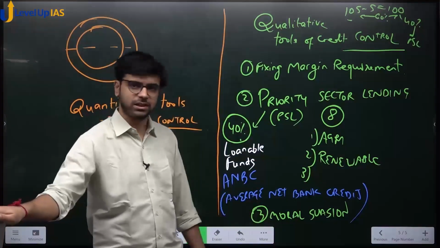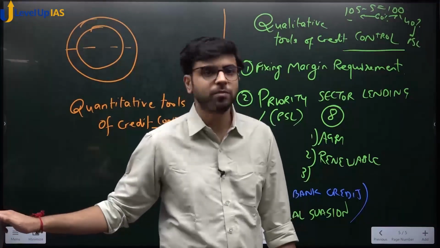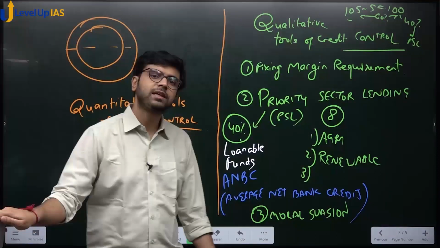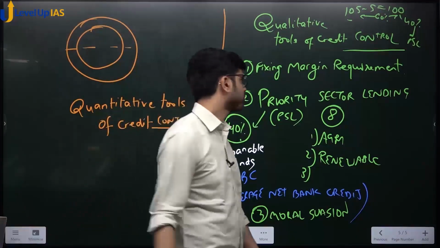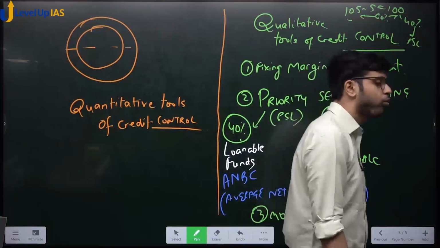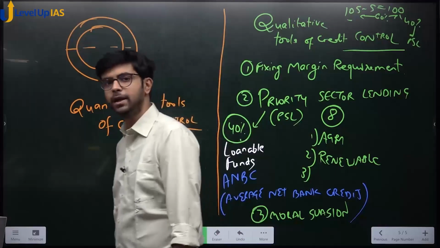So this keeps on changing, depending on the need and the situation in the economy. This is very dynamic. Is it clear? Very clear. Okay. This was all about qualitative tools and quantitative tools of credit control. Samjha itna?